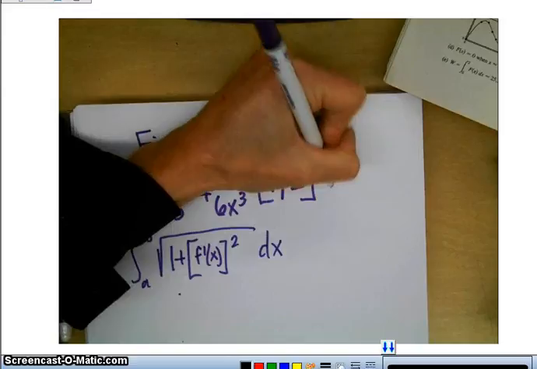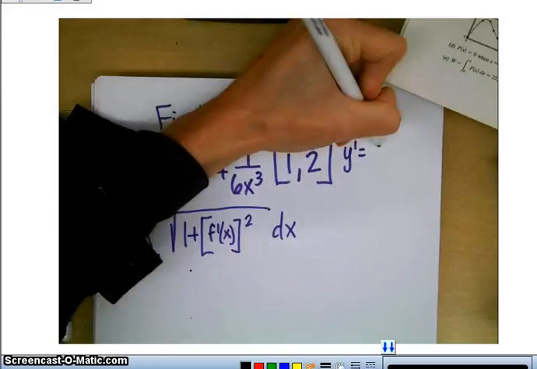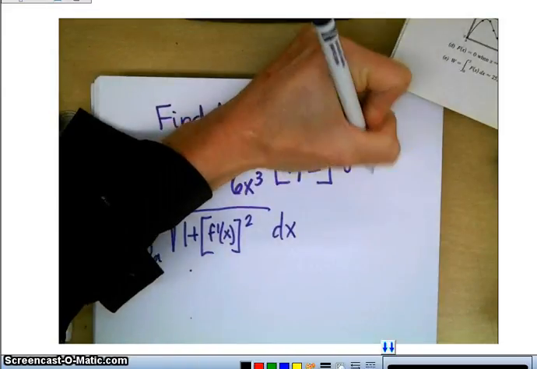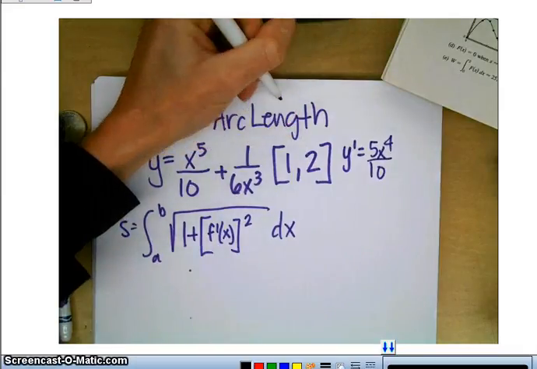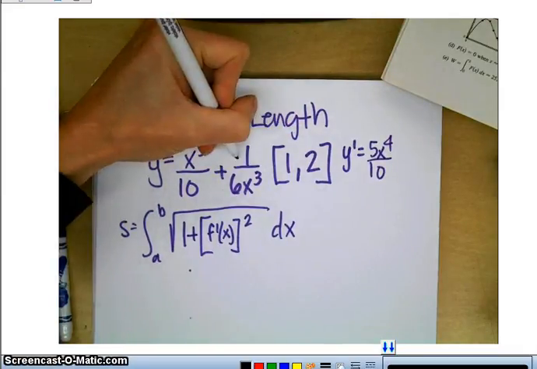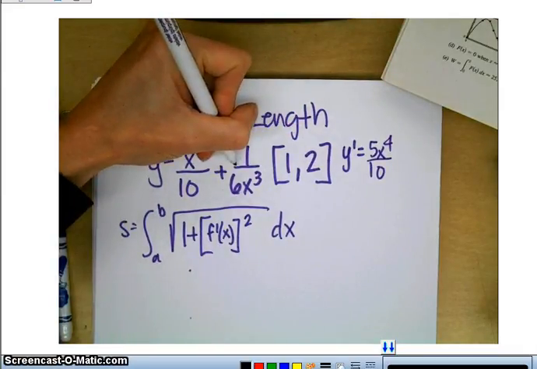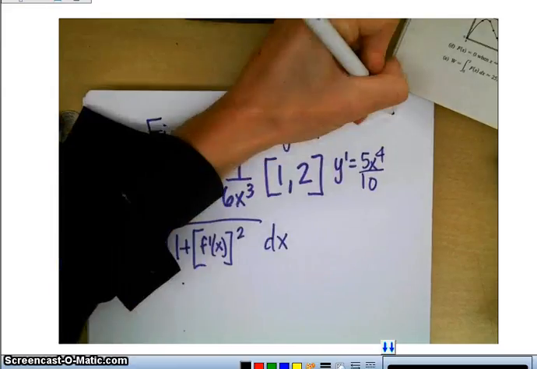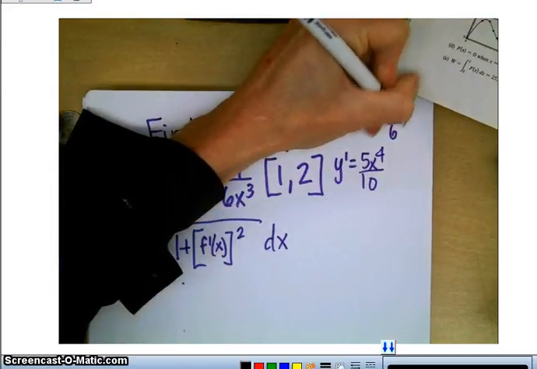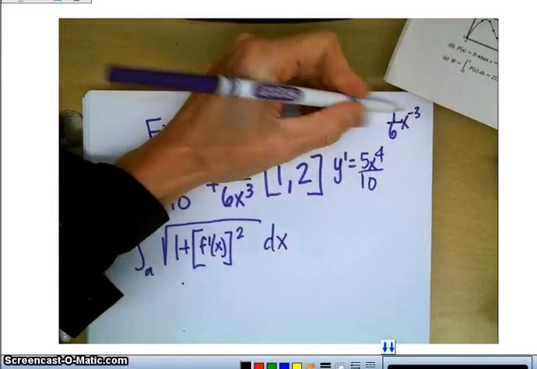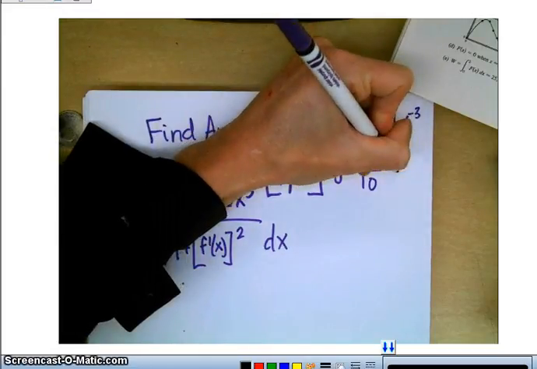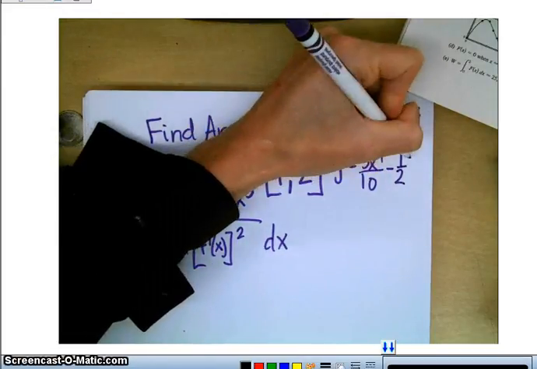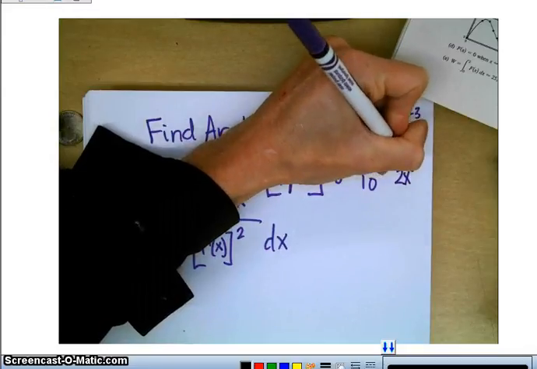So y prime is going to be 5x to the 4th over 10. And then I'm going to have to write this as 1/6 x to the negative 3. Multiply by negative 3, which makes it negative 1/2 in front. Subtract 1, puts an x to the 4th on the bottom.